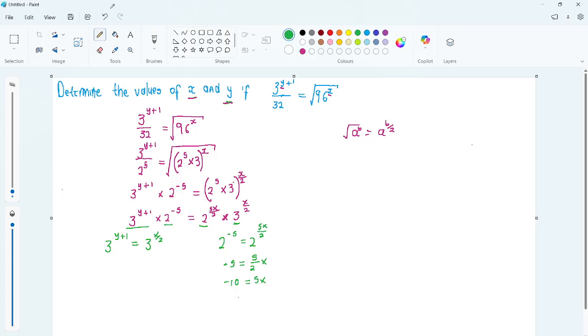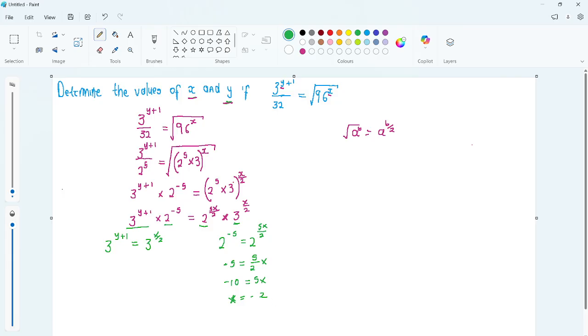Then I divide both sides by 5, then I'm going to have -2. My x is -2. The reason why I started with this one is because this one has only one variable, which is x. This one has two variables, so I had to first get the x variable. I'm sorry for not mentioning that, but I hope now you realize why I started with this one, not this one. So now I have my x.